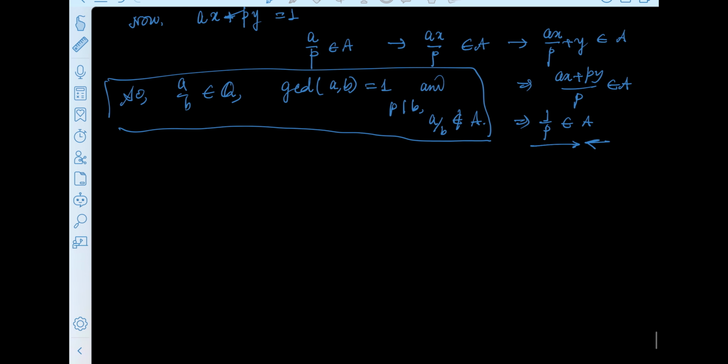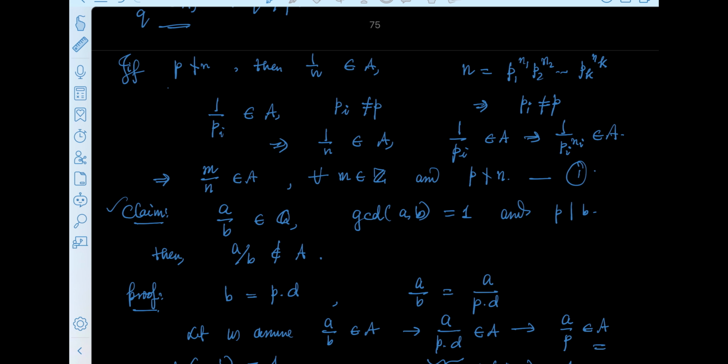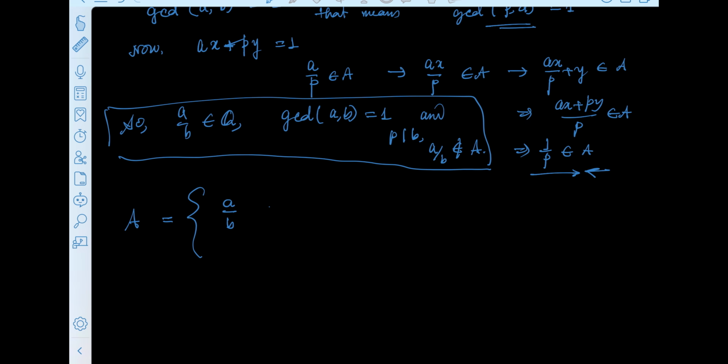Okay, so then what is A explicitly? A is those rationals, and I showed that if P does not divide N, then 1 by N is inside A. Then M by N is inside A for all M belongs to Z, and P does not divide N. So A by B such that GCD of A comma B is 1 and P does not divide B. So this is the whole collection, right?